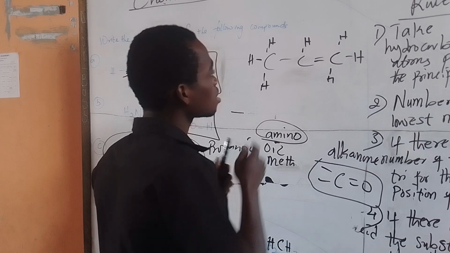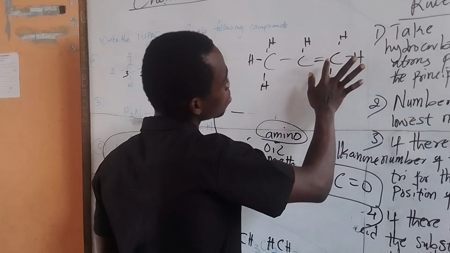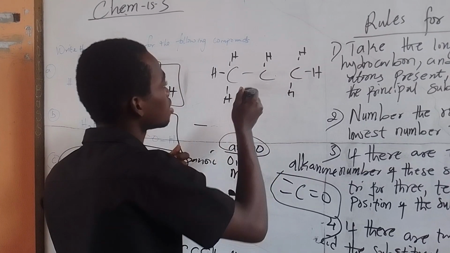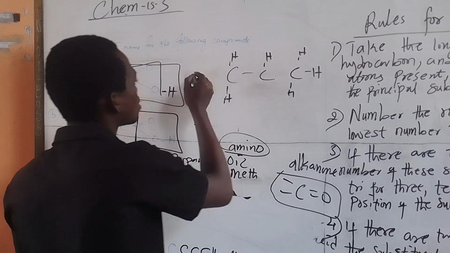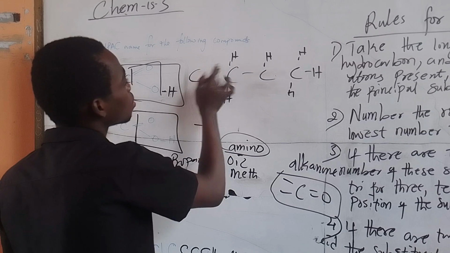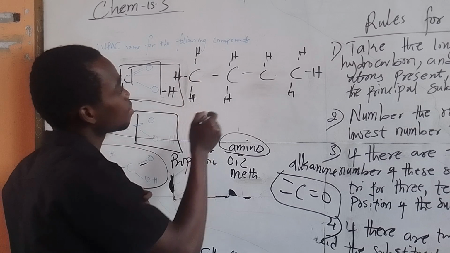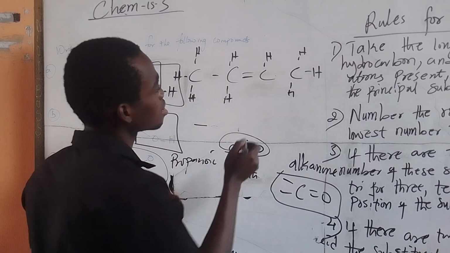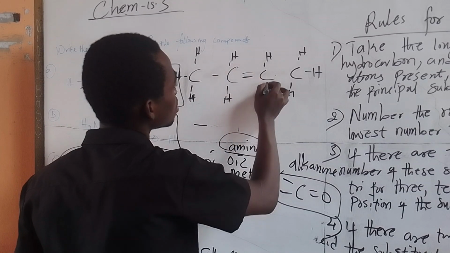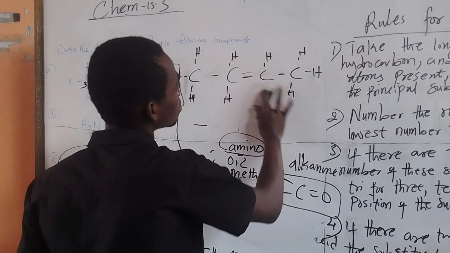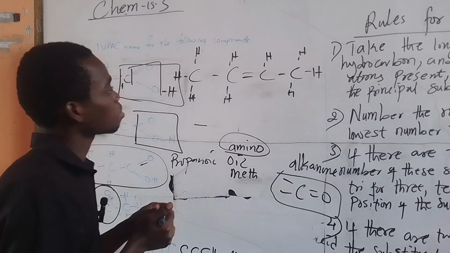If I want to name this, I know that the carbon atoms, if I have something like this, are 1, 2, 3, 4, 5. So I have 1, 2, 3, 4.